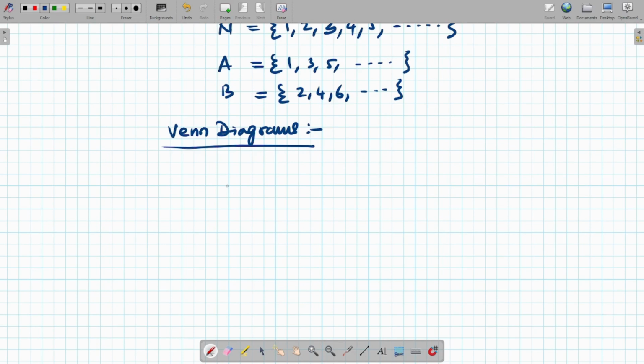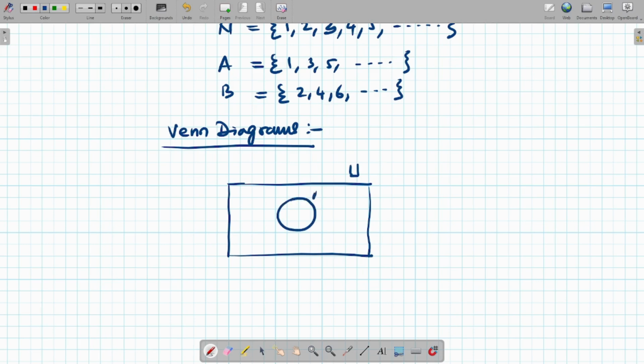Let us say I draw a rectangle, and I call this Venn diagram as part U. U is representing the universal set. So possibly what I can take, maybe I would write something like that.